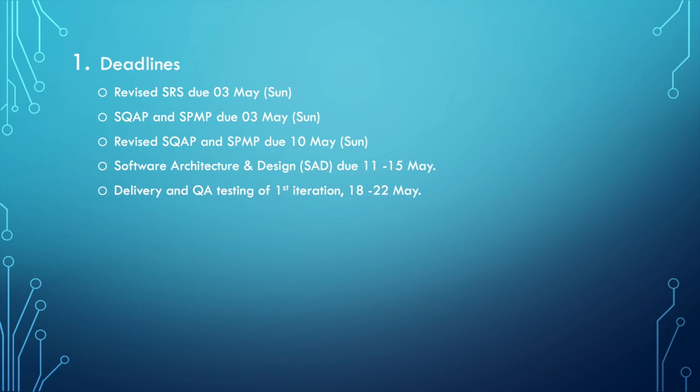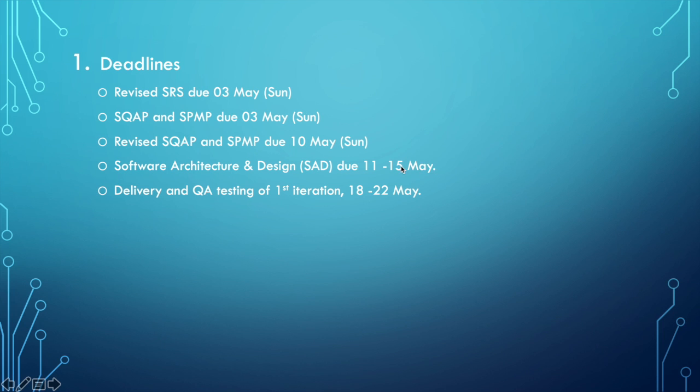All right. And that will be an ongoing activity, due from the 11th to the 15th of May. For that particular week, I expect the SAD to be due on the Friday, the 15th of May.